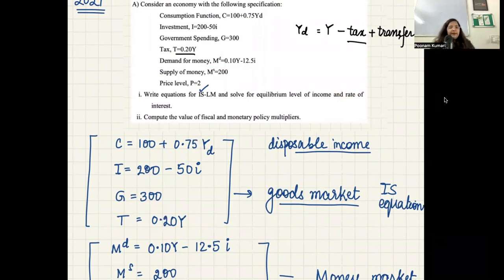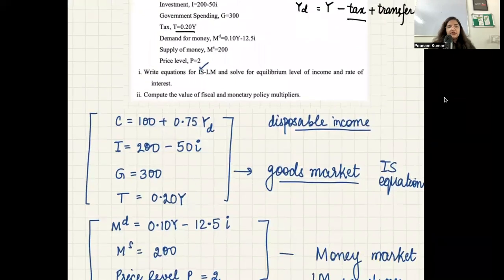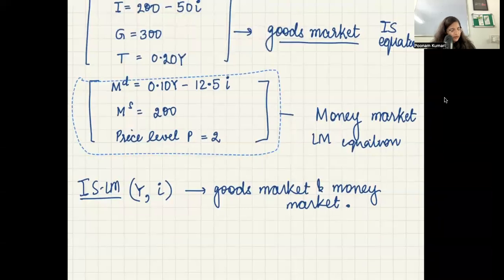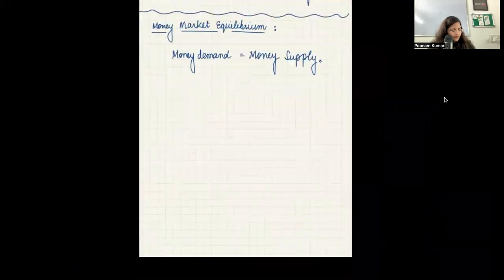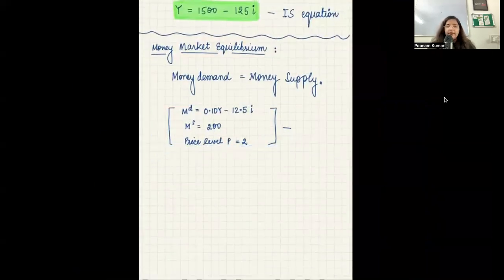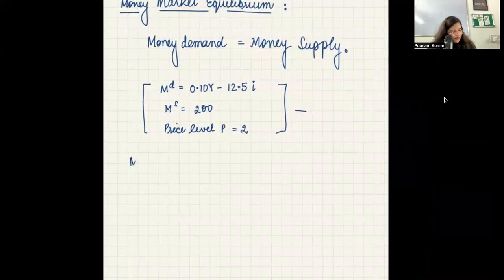ओके. सो यहाँ पे यू हैव MD which is 0.10y. So basically let me just bring this entire thing here. Yes. So यहाँ पे my money demand is this. Money demand equals money supply. So if I do that, money demand is 0.10y minus 12.5i equals money supply.